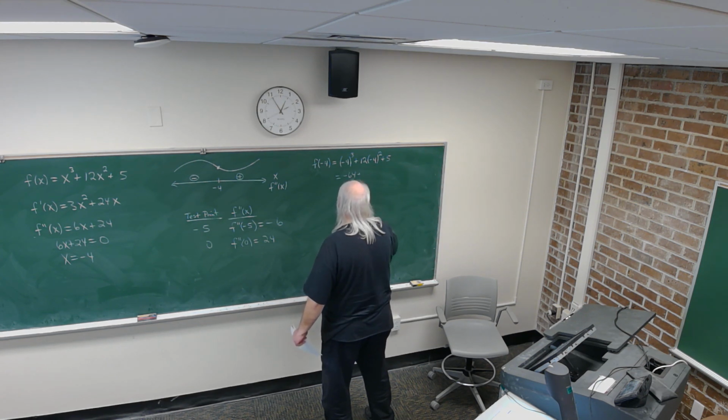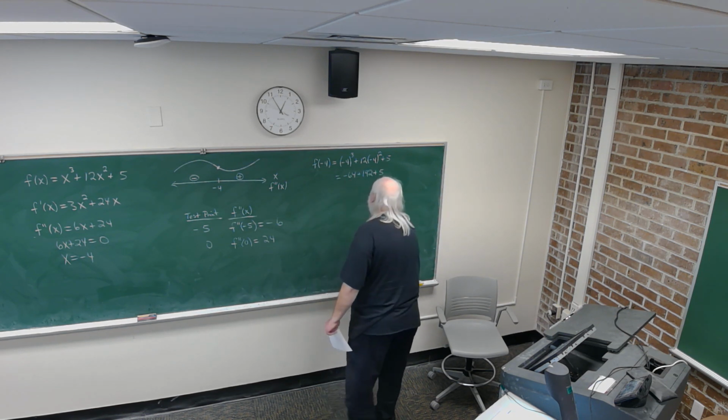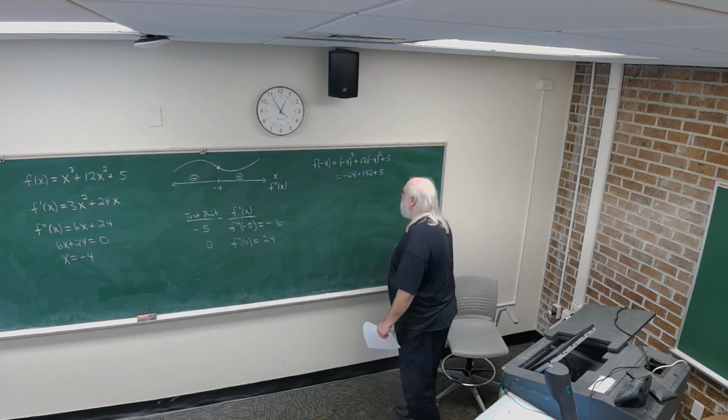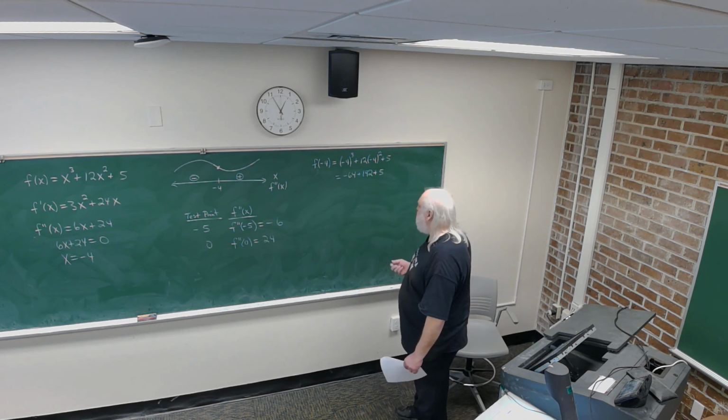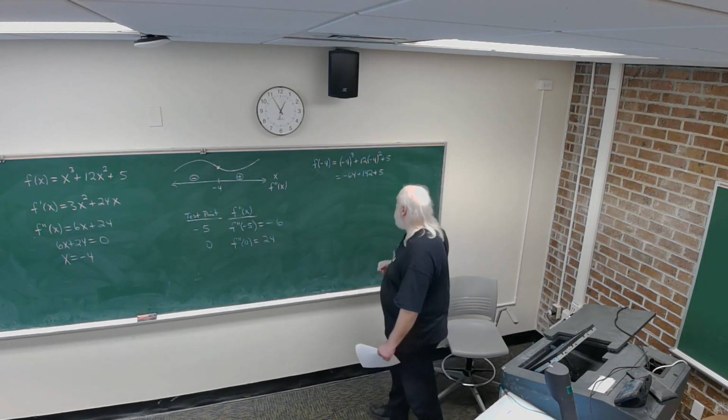-64 plus 192. -4 squared is 16. 16 times 12 is 192.